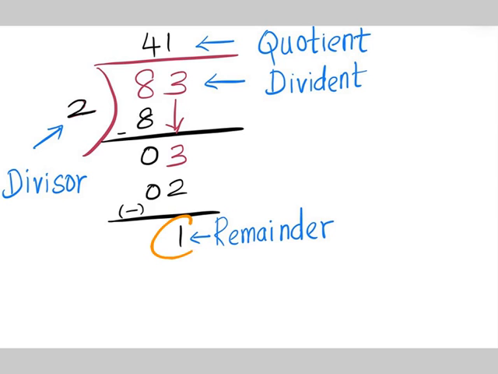The remainder is a portion of the dividend that is left over after division. So what is the remainder? It is a portion of the dividend that is left over after the division.